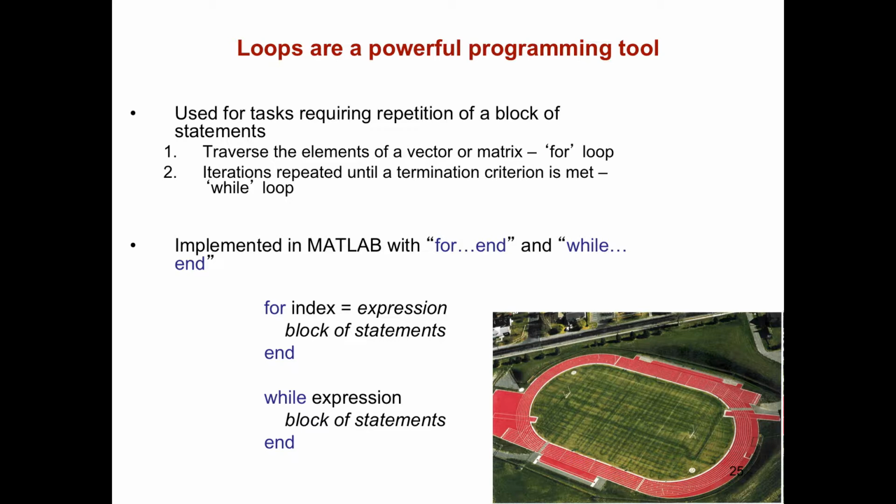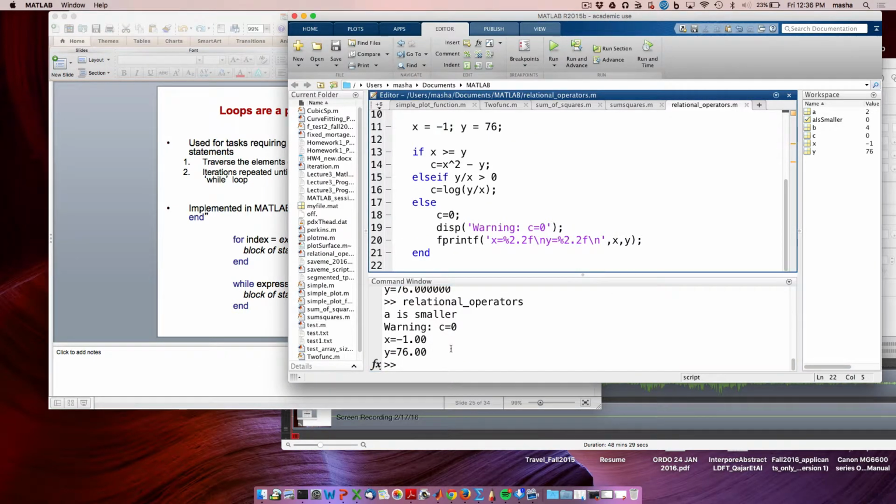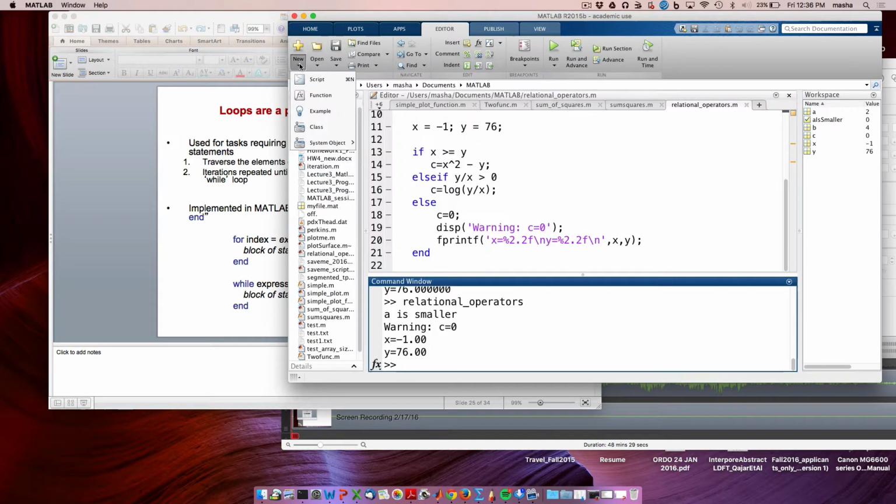Okay? So this expression can be any logical expression, and we have learned the relational operators, so I can check whether something is true, and if it's true, I'll keep doing it. The problem with this one is, let's do an example. I'm gonna create a new script.